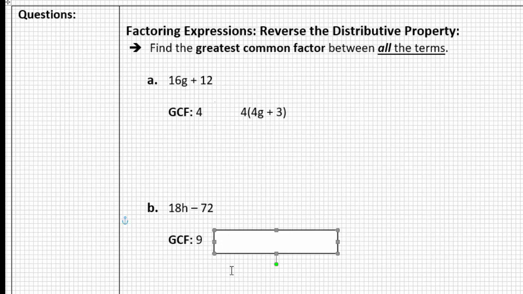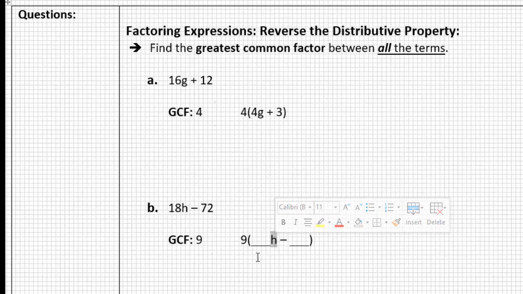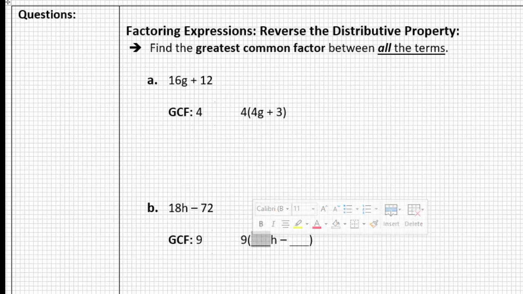Well, since 9 is our factor, we're going to write that outside the parentheses. And we're going to put parentheses. The first term has a variable, the variable h, so we know we're looking for some number times h, and then what number times 9 would equal 18? Well, 2 times 9 equals 18, so that'd be 2h.